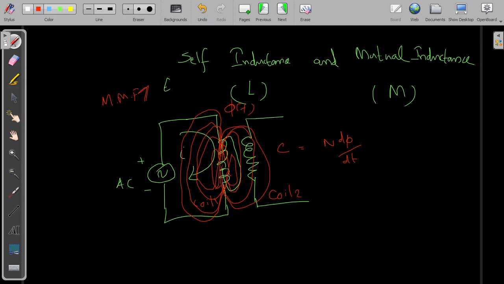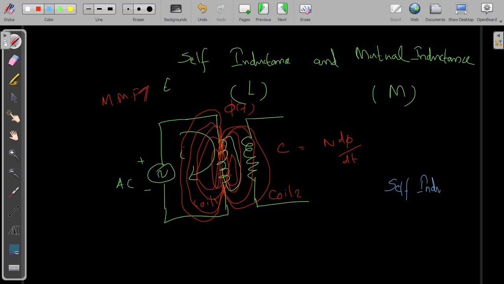At the same time, this magnetic flux is also linking with the same coil itself, coil 1, and the flux linkage is varying with respect to time. So according to Faraday's law, an EMF is induced in coil 1 also. That is what is called self-induced EMF.